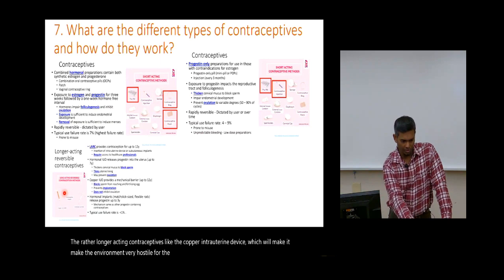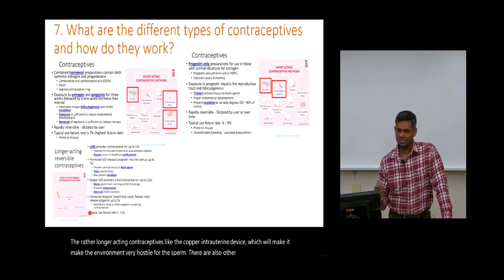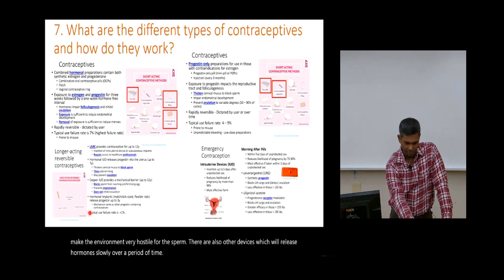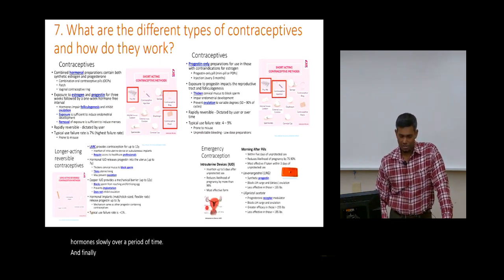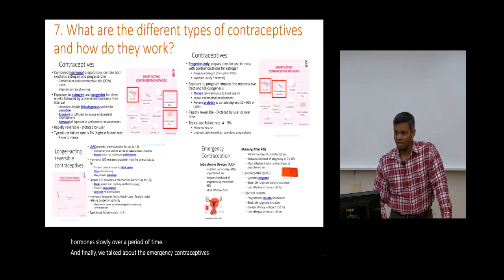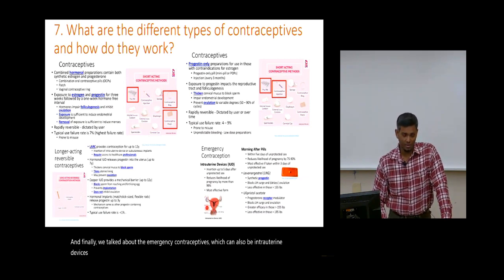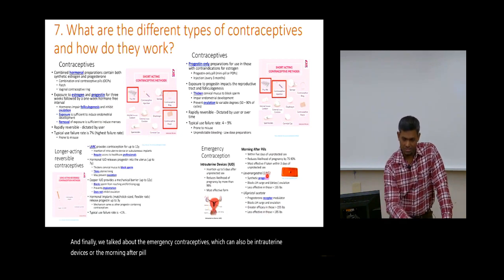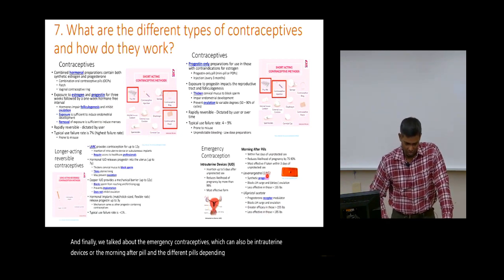But there are also other devices which will release hormones slowly over a period of time. And finally, we talked about the emergency contraceptives, which can also be intrauterine devices, or the morning after pill, and there are different pills depending on the weight of the individual.